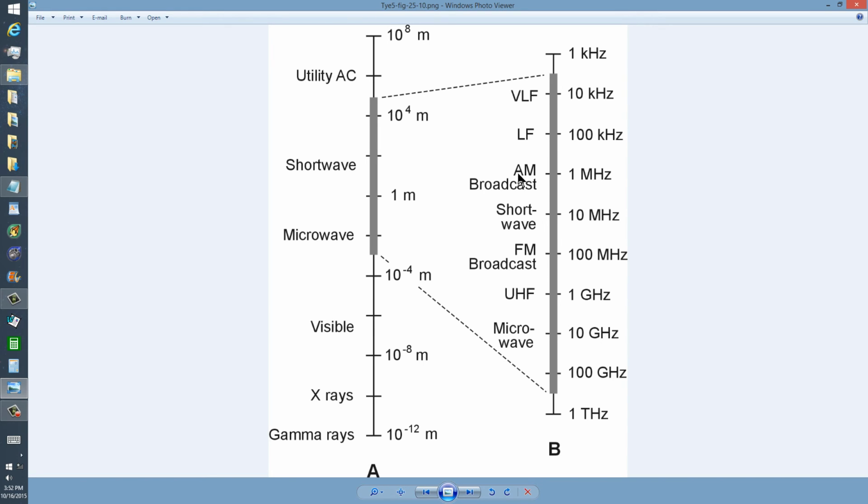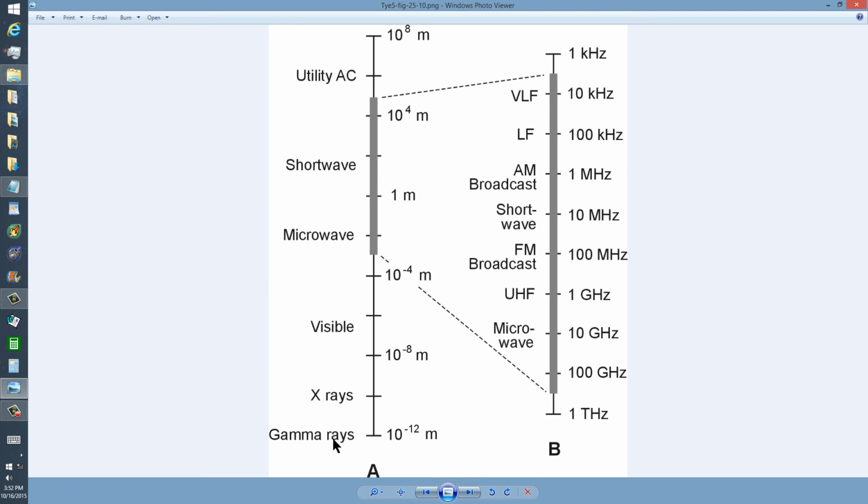But our radio waves are all electromagnetic waves, just as is the noise that comes out of utility AC, which has had some debate lately about health effects. Shortwave, microwave radio, visible light is an electromagnetic wave, as are X-rays, gamma rays.